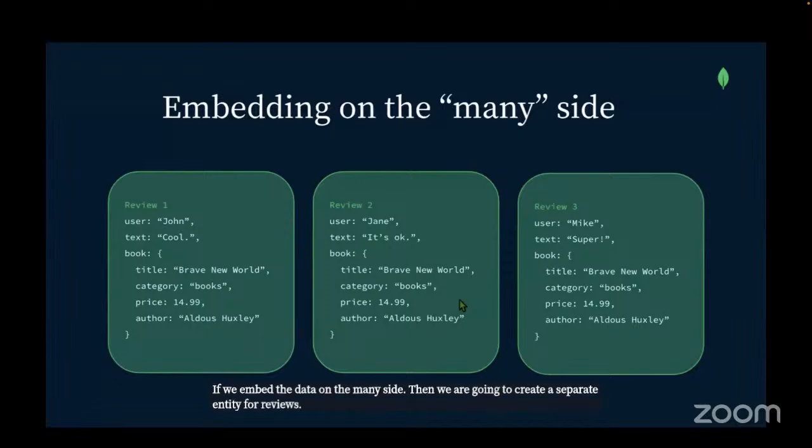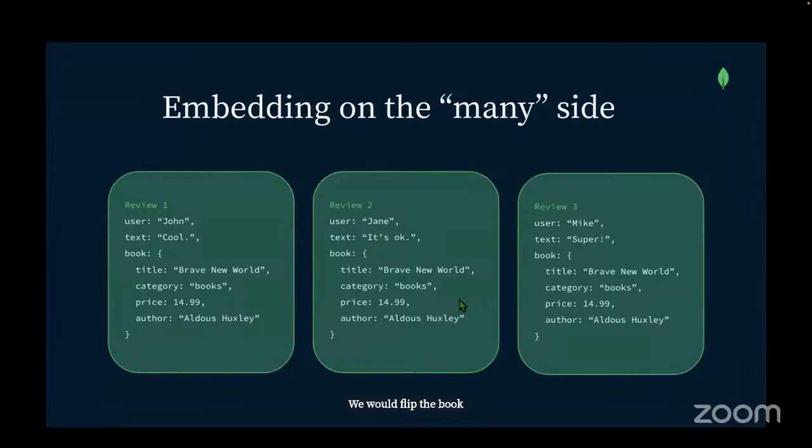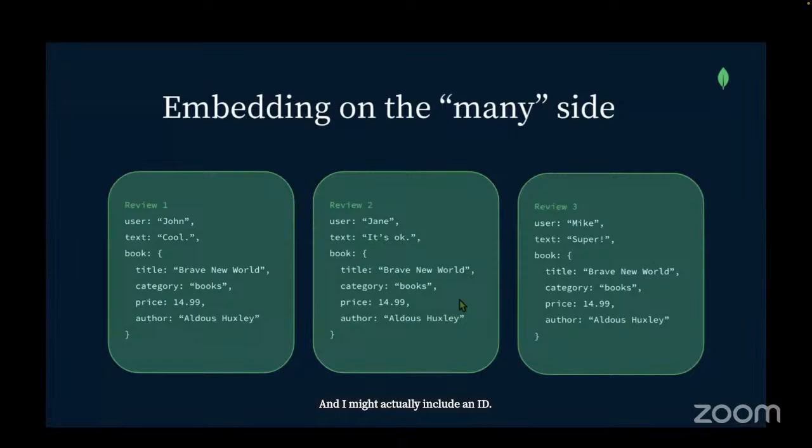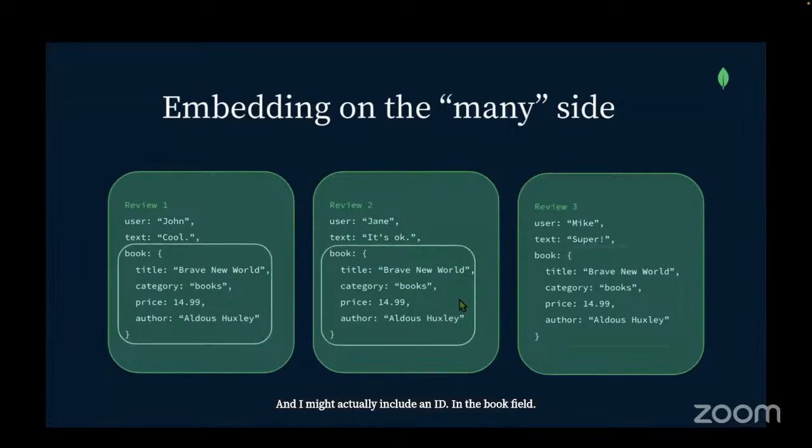We would flip the book data model and store on the many side. And what you're seeing there is a collection of review documents which back reference the book. And I might actually include an ID in the book field. There's our embedded book reference.